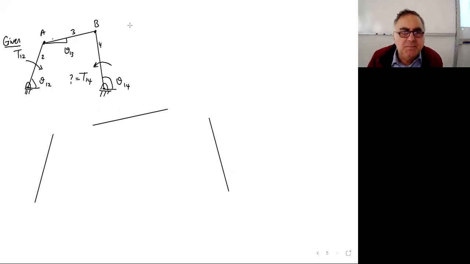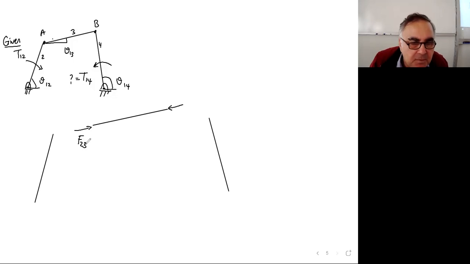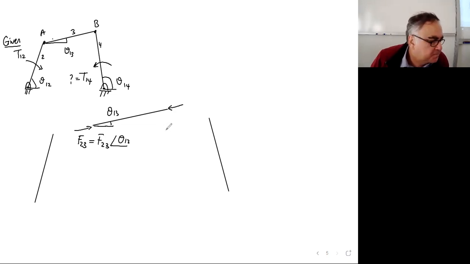Well, you can start from link 3, that's the simplest one. Link 3 has the two-force member, F23 is equal to F23 with an angle of theta 13. Okay, this is as an angle of theta 13.